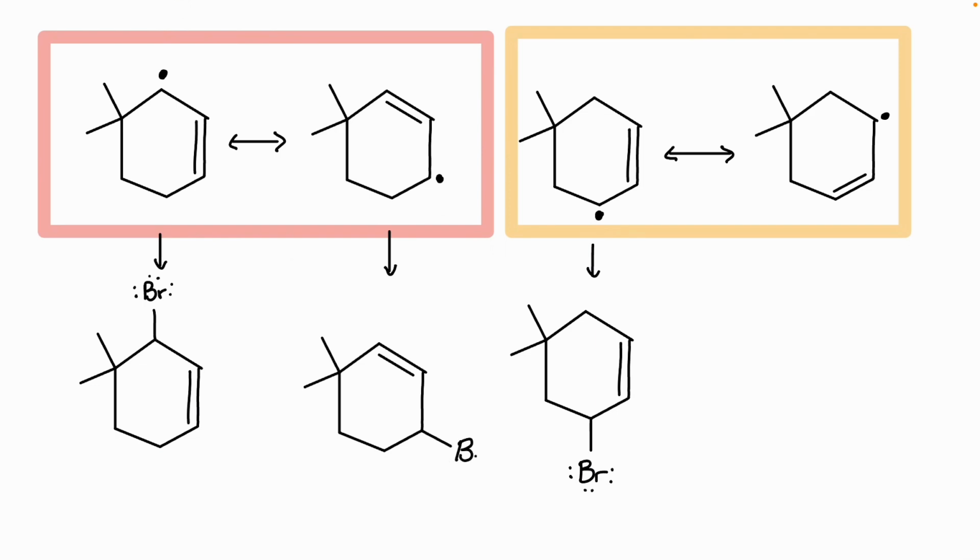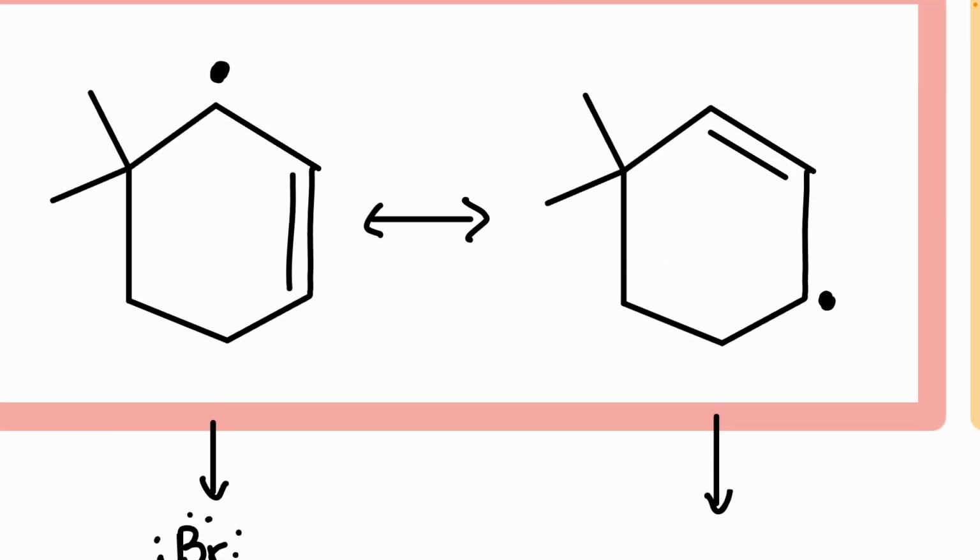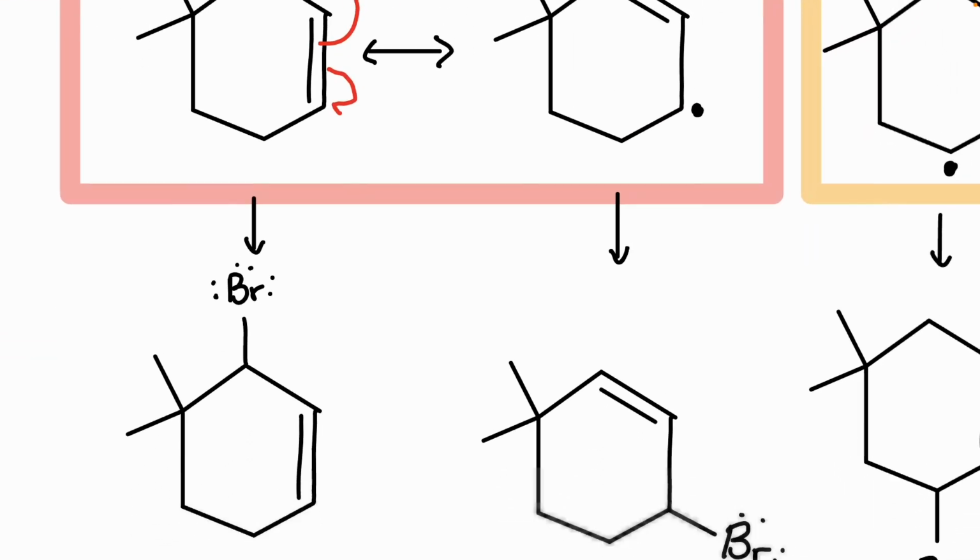So, if we just look at our first allylic position here, again, we got to worry about this radical moving around because of resonance. Now I'm going to have a radical forming over here and that will lead to a different product.